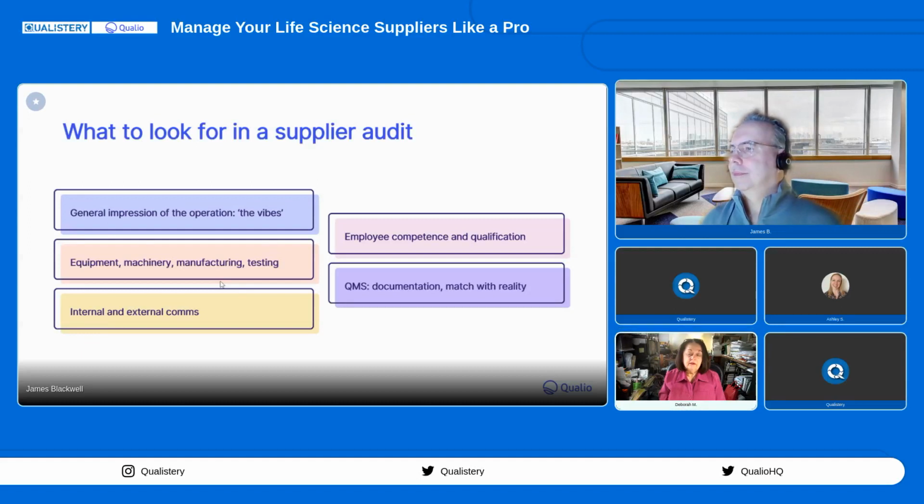And some of the biggest problems I've seen is documentation of training and competence. If it's a hard copy system, that seems to be the record that they have the biggest problem keeping up to meet GDP and GMP requirements.